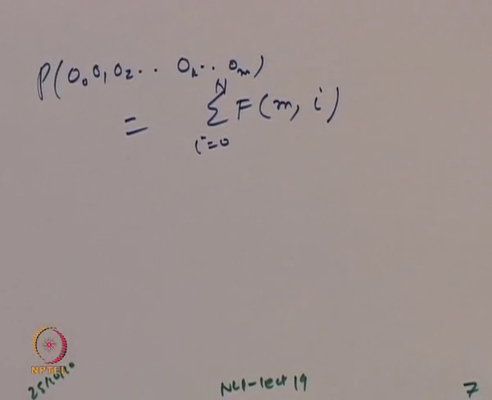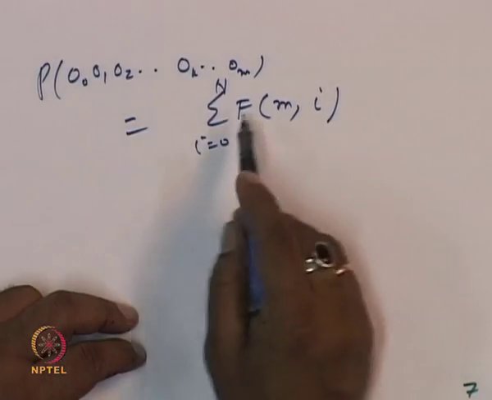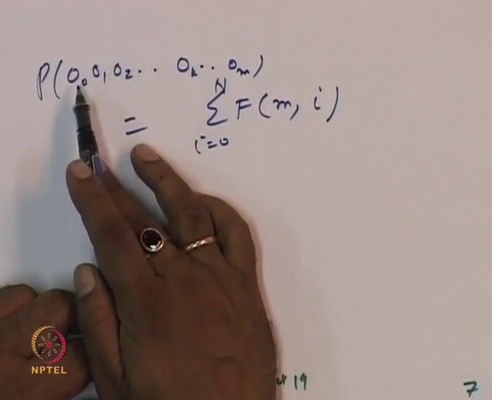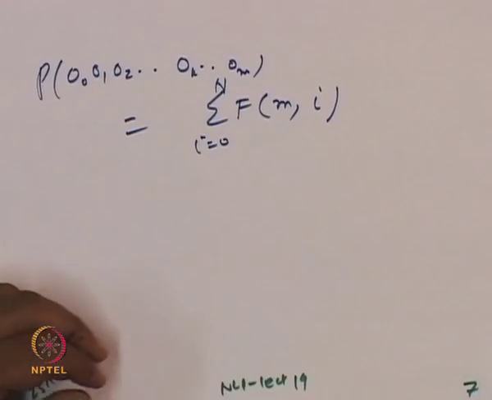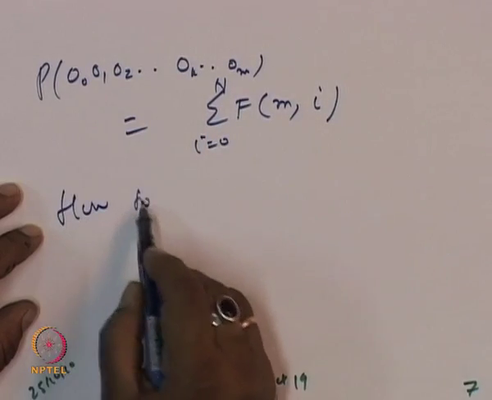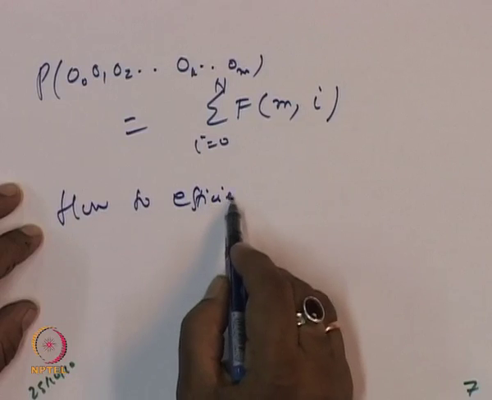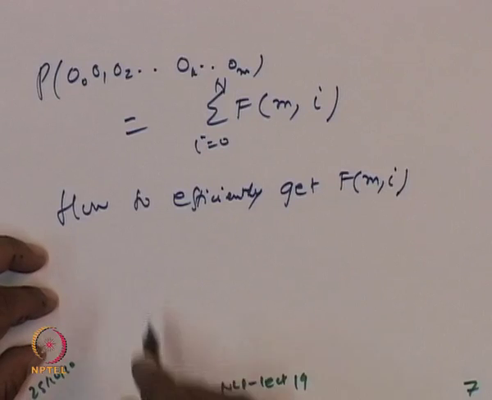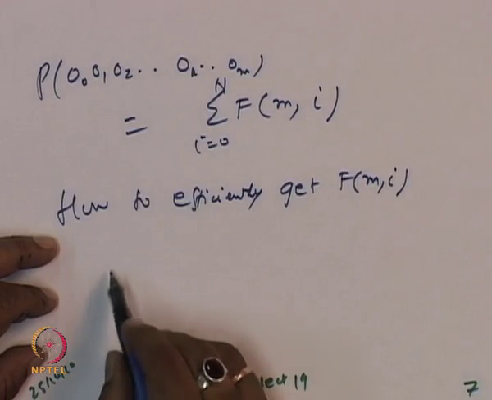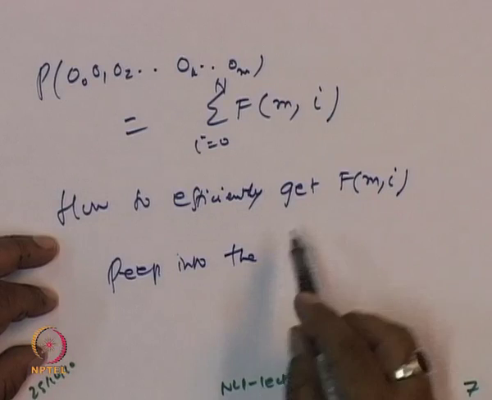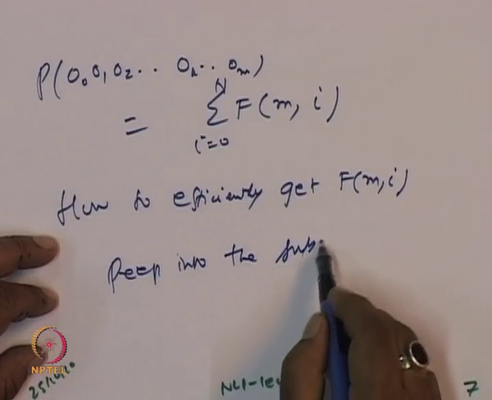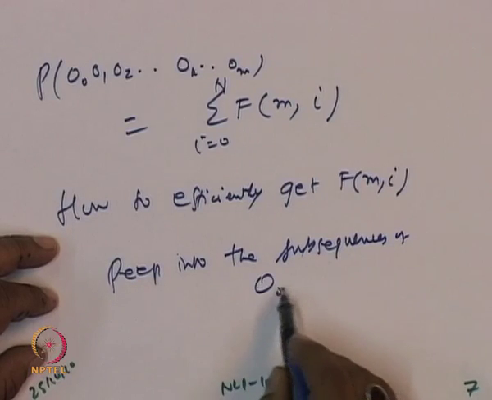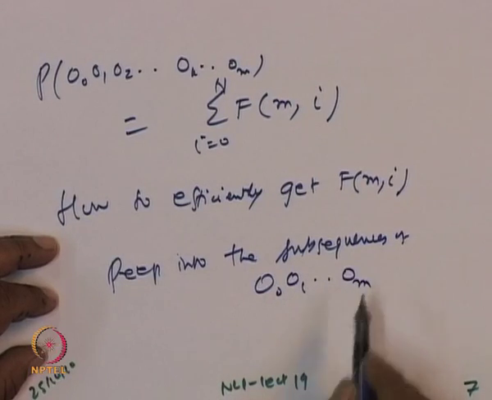So, by using forward probability we can find out the probability of the output sequence O 0 to O m. Now, how do we efficiently get f m i? This requires us to peep into the subsequences of O naught, O1 to O m.